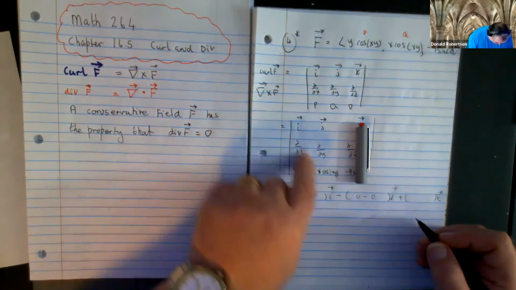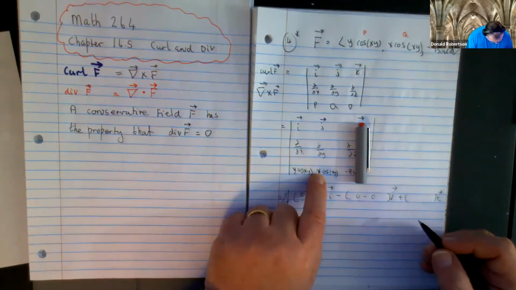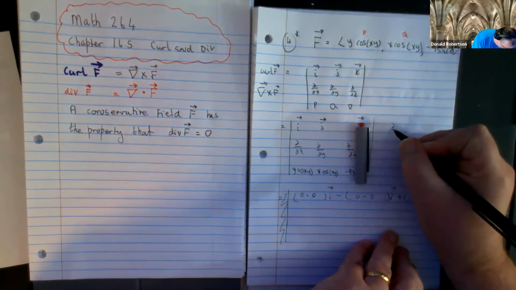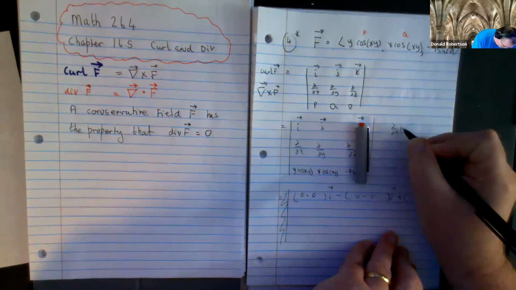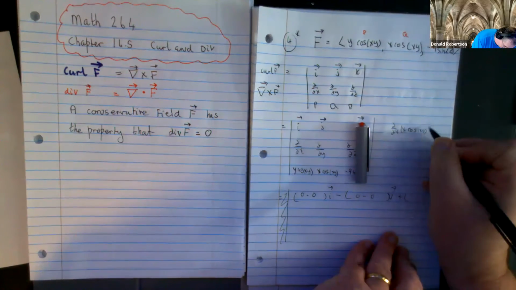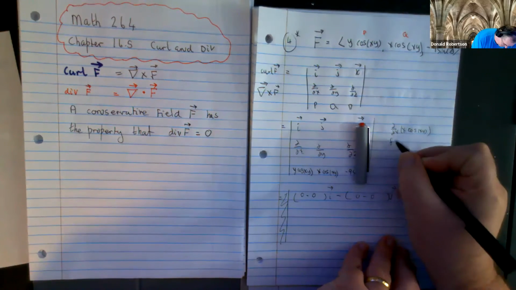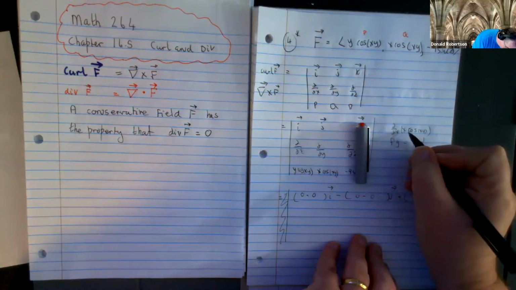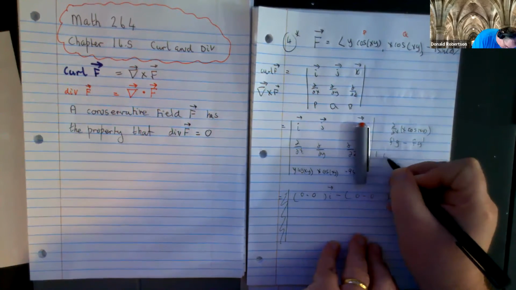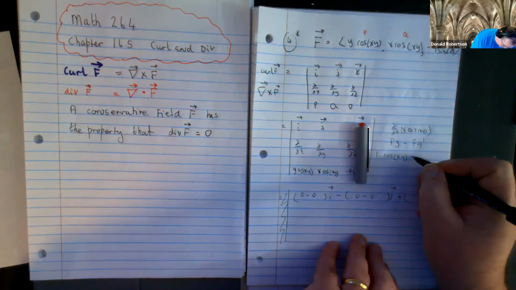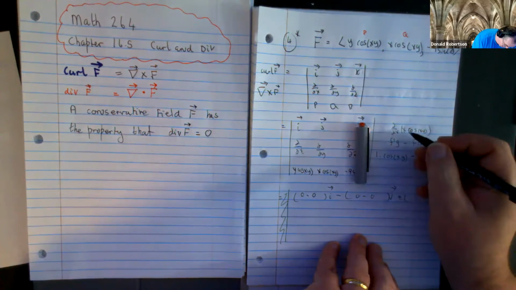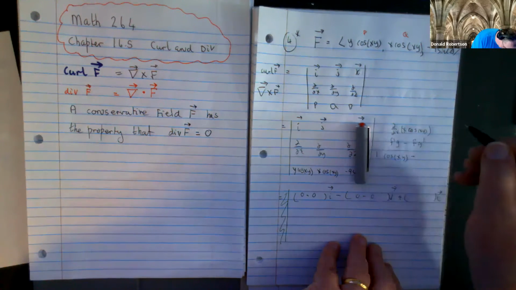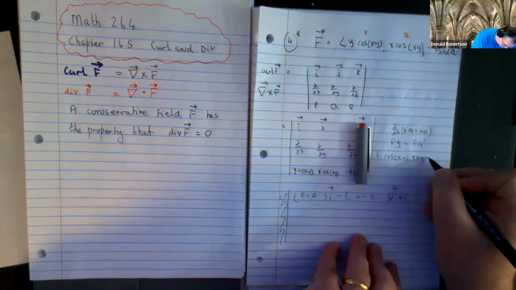The derivative of this with respect to x is a product rule. If you want to differentiate that, it's going to be f dash g, take away f g dash. It's going to be a 1 cosine of xy, minus an x times that, which gives you a negative, so it's a plus xy.